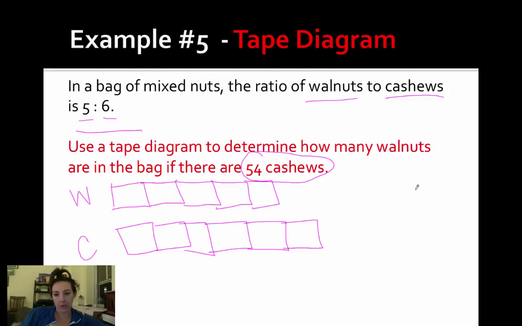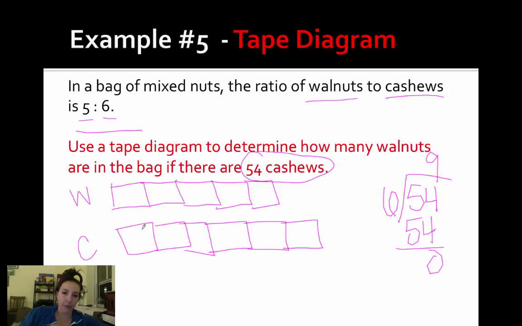So we do 54 divided by 6, because there's 6 blocks, which is, of course, 9. 9 times 6 is 54. So each one of these blocks is 9 nuts.